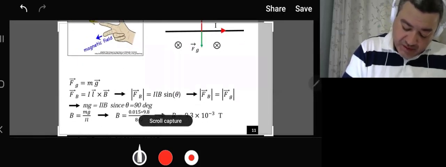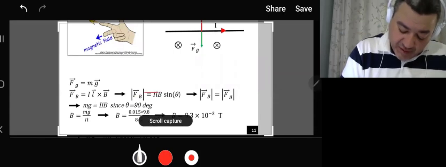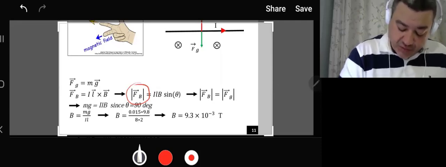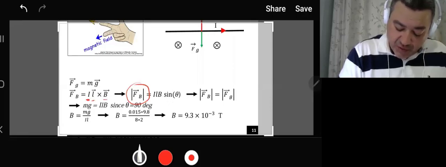So here, this is the magnetic force that equals I L vector cross B, and we know that the L vector cross B vector equals the magnitude of L times the magnitude of B times sine theta in between.